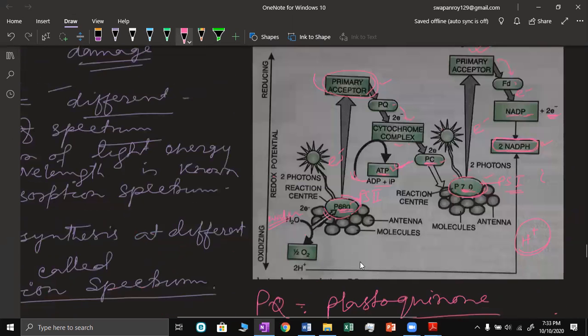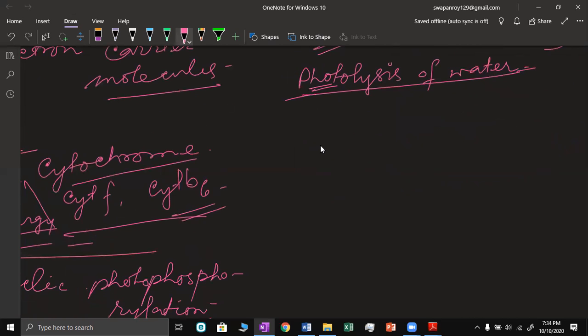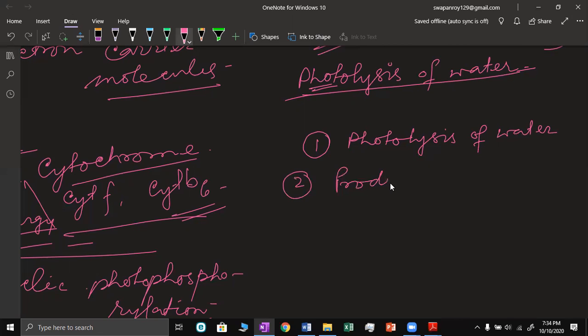So in the light reaction of photosynthesis, we can divide it into two important steps. One is the photolysis of water, and number two is the production of assimilatory power.